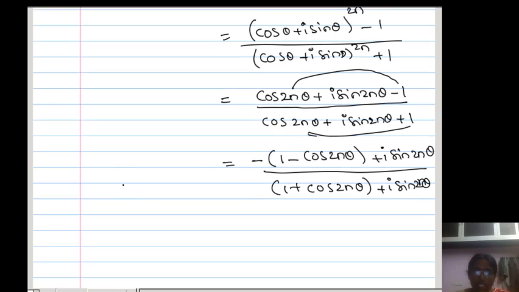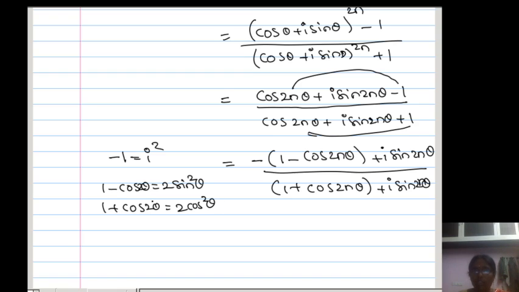You know that here minus 1 I can write as i square, is it? Yeah. Next, generally the formula for 1 minus cos 2 theta is what? 2 sine square theta. What is the formula for 1 plus cos 2 theta? 2 cos square theta. Did you remember this?